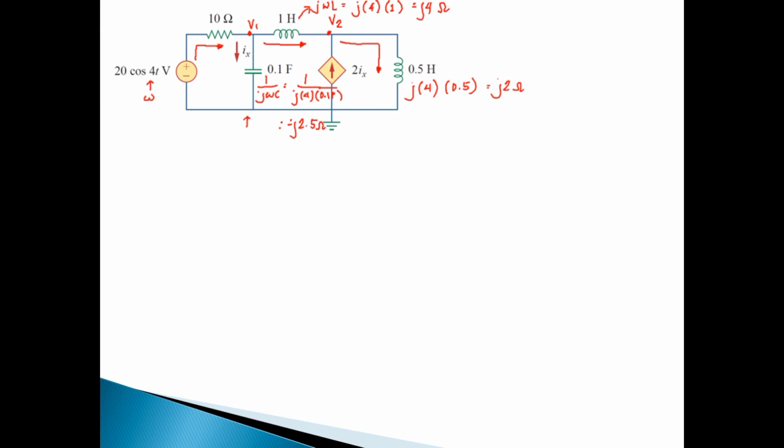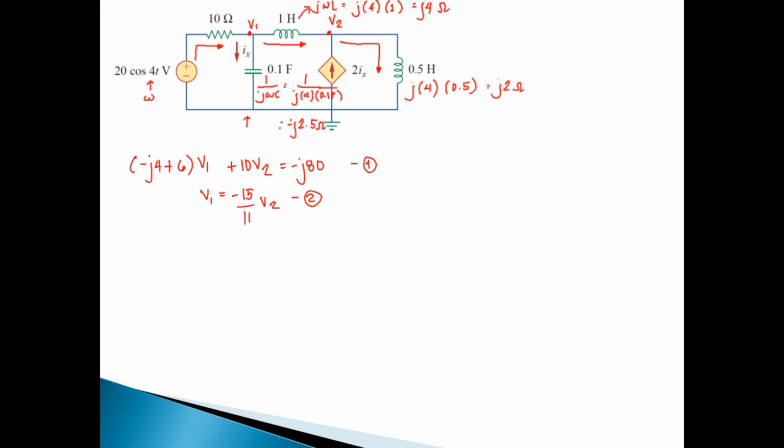Okay, so let's first write the equations that we have already got. Negative j4 plus 6 V1 plus 10 V2 equal to negative j80. So this is our first equation. Second equation is V1 equal to negative 15 over 11 V2.